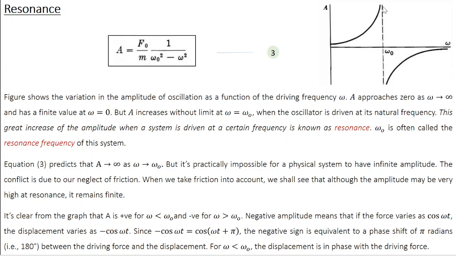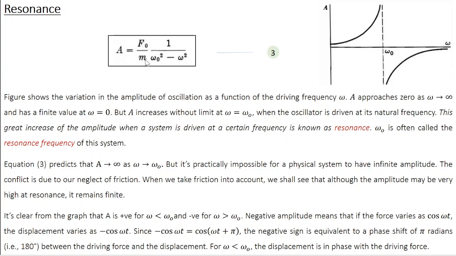So A increases without limit when the oscillator is driven at its natural frequency. This great increase of amplitude when a system is driven at a certain frequency is known as resonance. So in this particular case, resonance happens at the natural frequency. So natural frequency omega naught is also called the resonance frequency of the system.